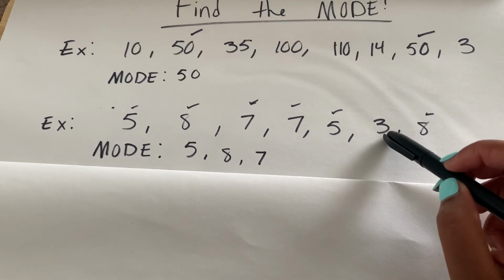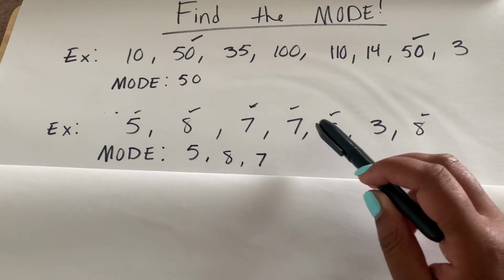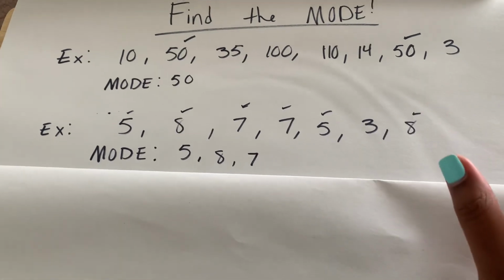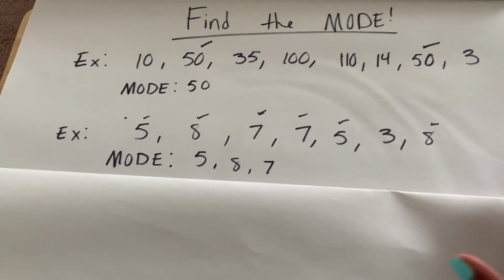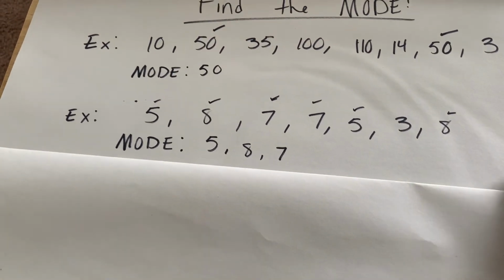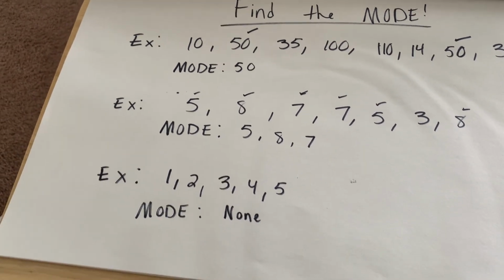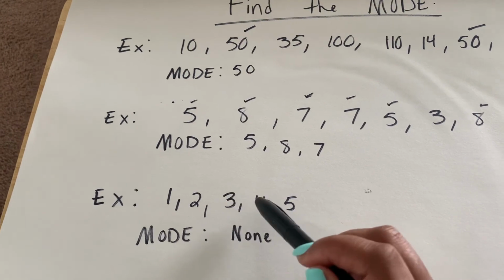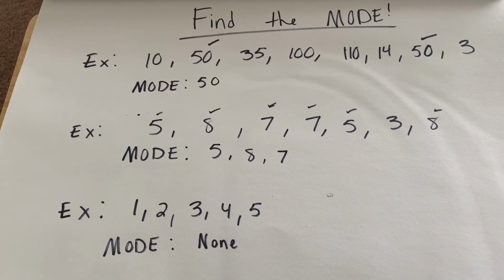Now, if 3 occurred twice again, and the rest of these occurred twice as well, then that would be a case of no mode, because they all occur the same amount of times. So like here, in this case, we have each of these occurring one time. So in this instance, there is no mode.